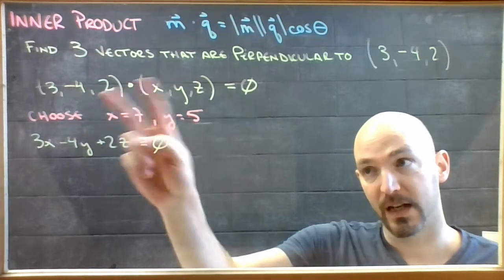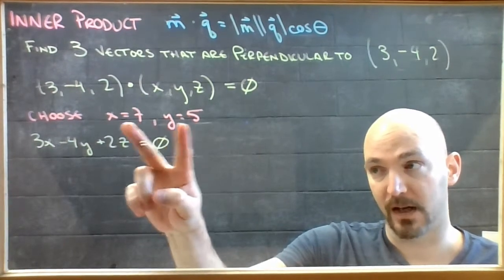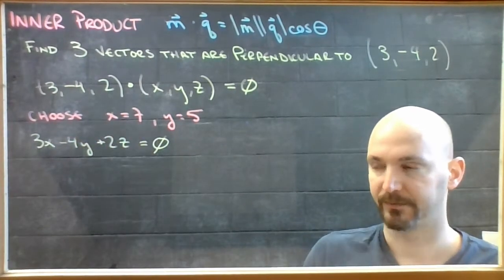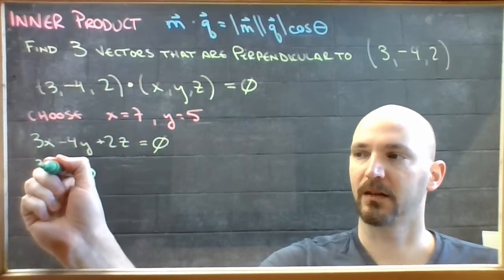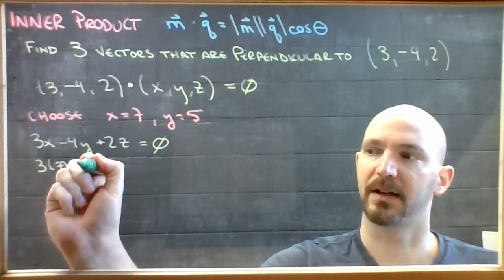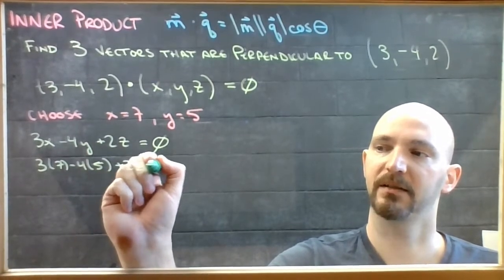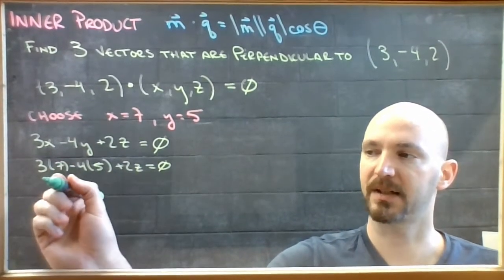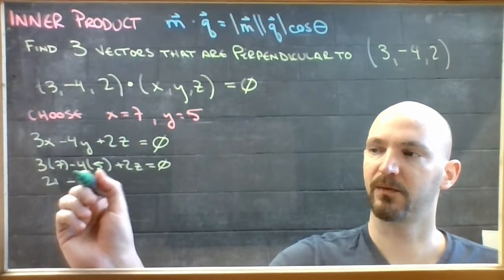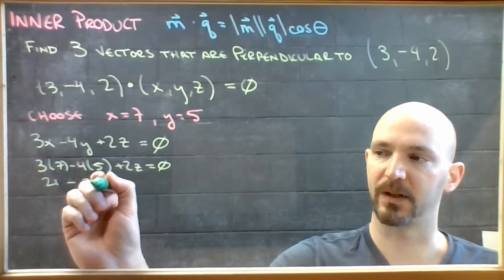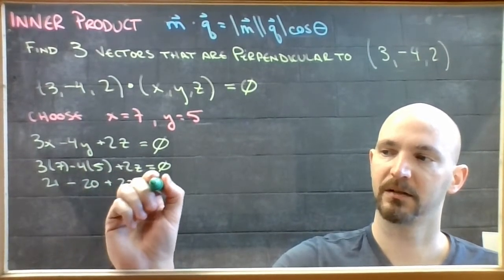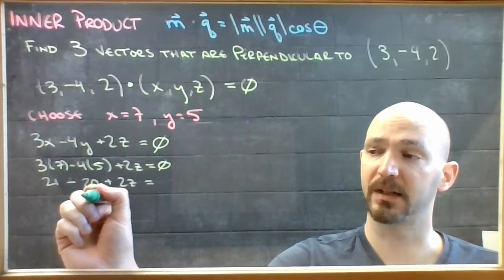So I've already chosen an x and a y, so I'm just going to plunk them in there. 3 times 7 minus 4 times 5 plus 2 times z. 3 times 7 is 21. 4 times 5 is 20. 21 minus 20 is 1.